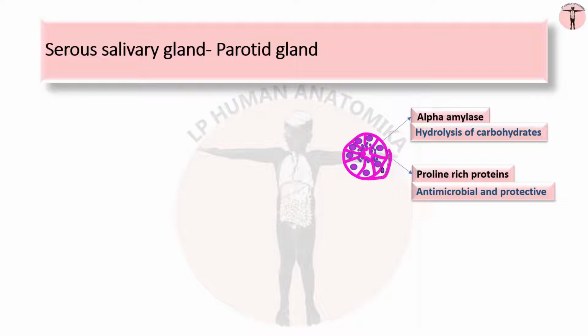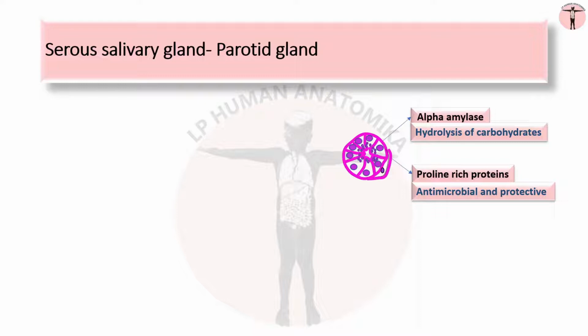We will now see what are the specific features of the serous salivary gland or parotid gland apart from the general features like capsule, connective tissue septa, dividing the gland into lobes and lobules, and the excretory duct system, which includes intralobular and interlobular ducts.